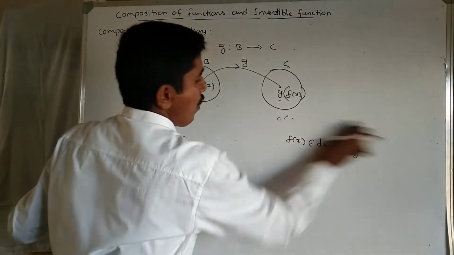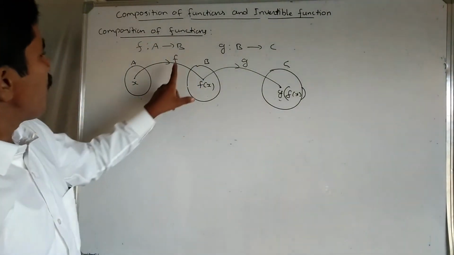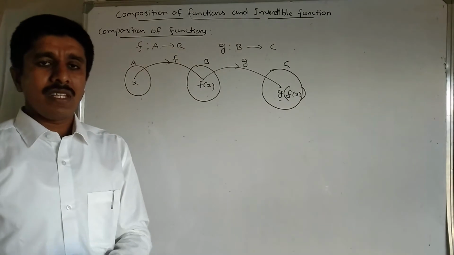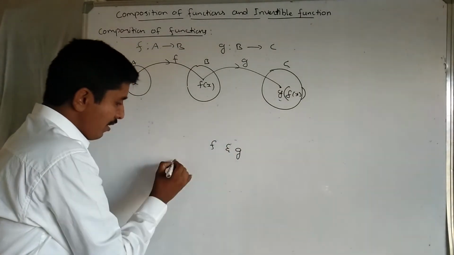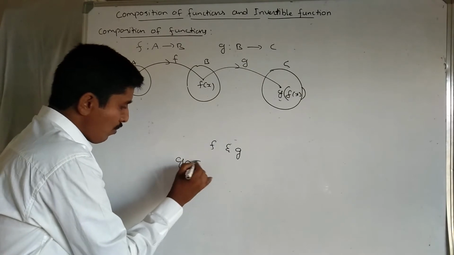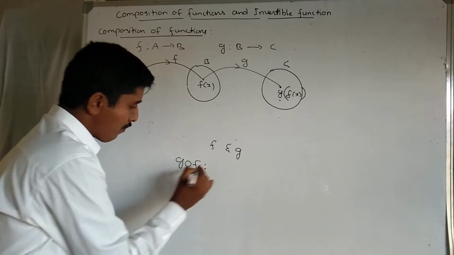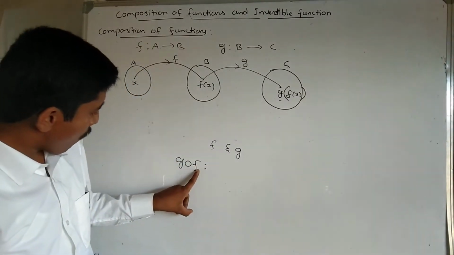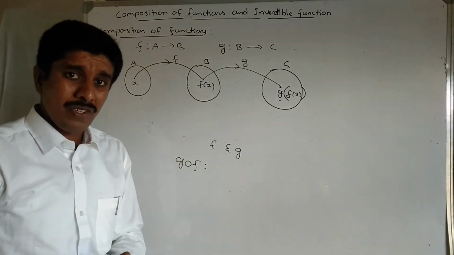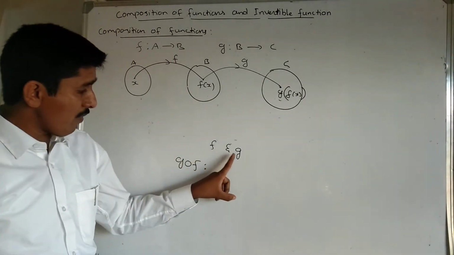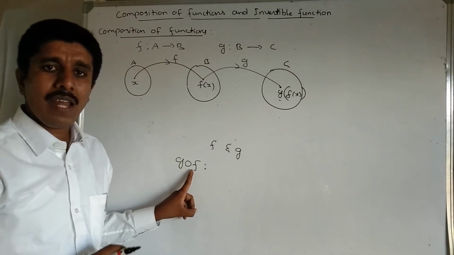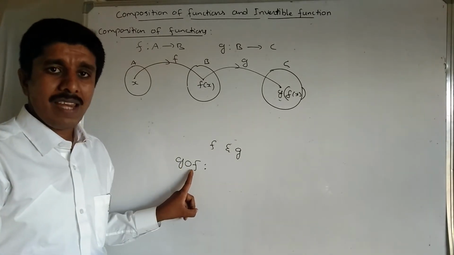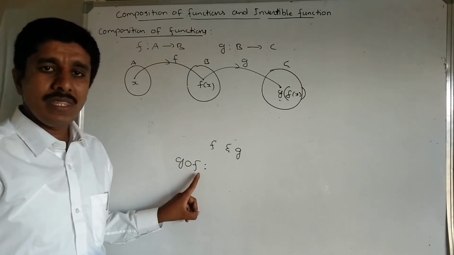Now, the composition of two functions f and g is denoted by g o f. It is read as g o f, or g circle f, or the composition of g with f.